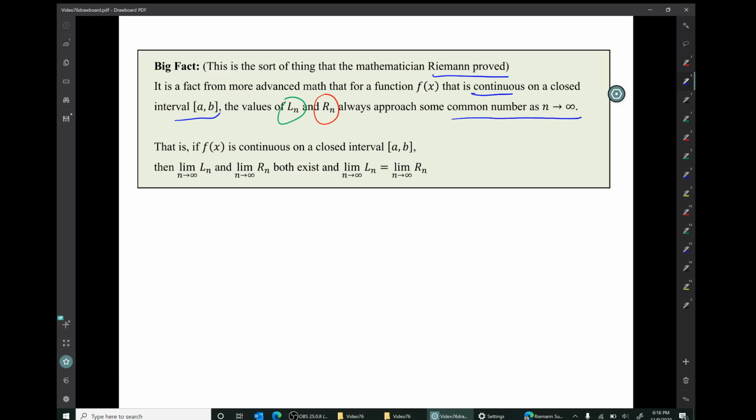That is, if you have a continuous function f of x on a closed interval, then the limit of L_n as n goes to infinity, and the limit of R_n as n goes to infinity, both those limits exist and they're equal to each other. The value of the right limit equals the value of the left limit.